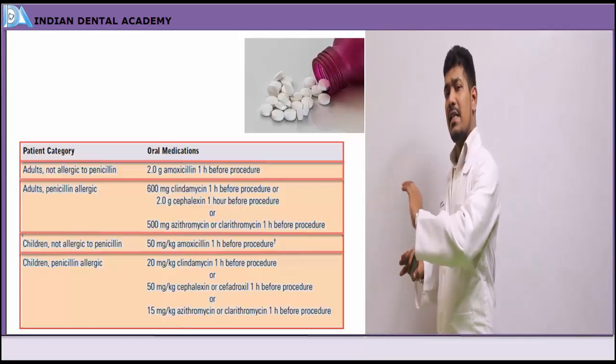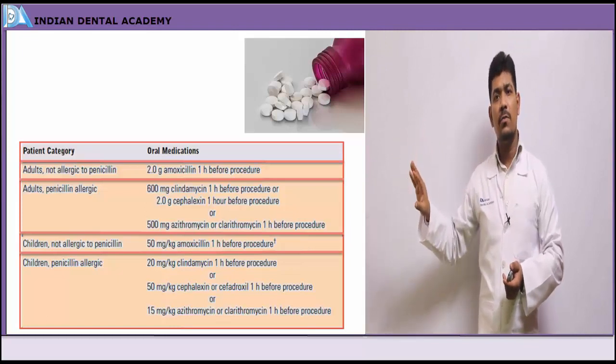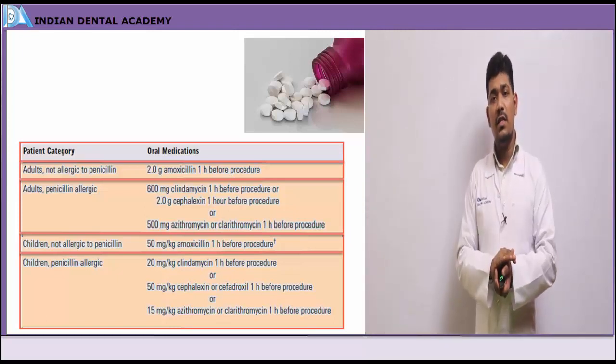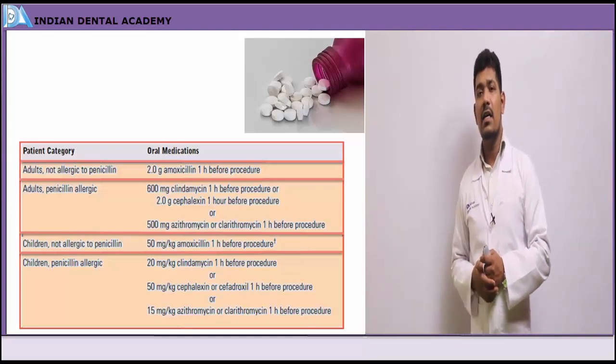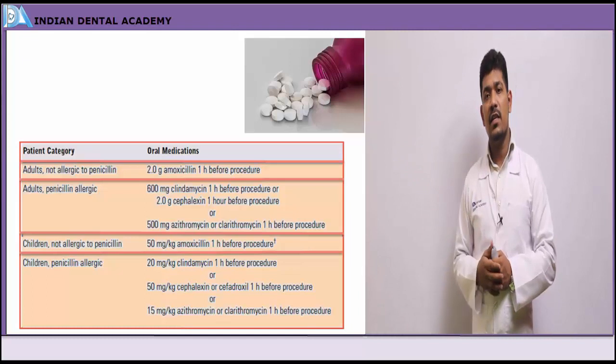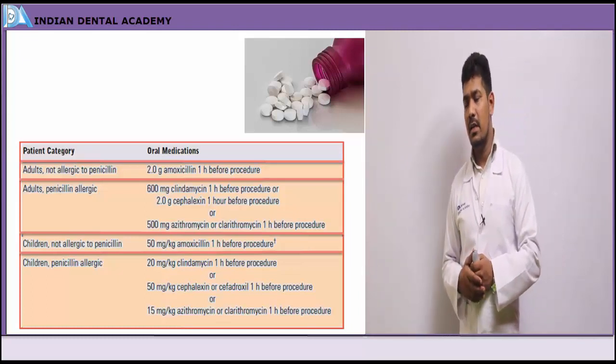If we take the adults and the children not allergic to penicillin, we give 2 grams of amoxicillin. Now, if the person is allergic to penicillin, you give cephalexin or clindamycin 600 milligrams or 500 milligrams of azithromycin, which is a macrolide antibiotic.